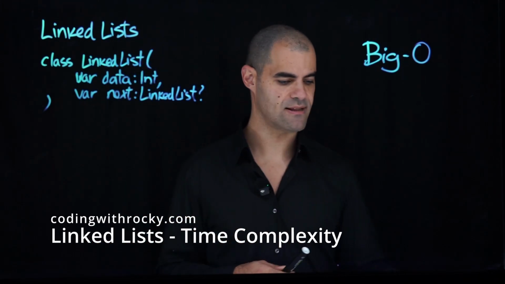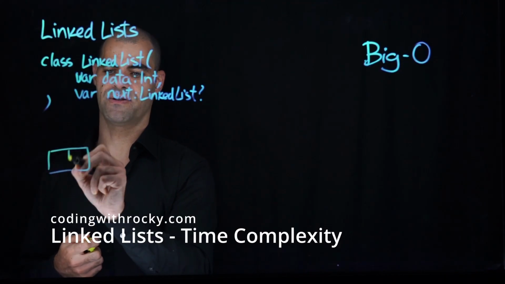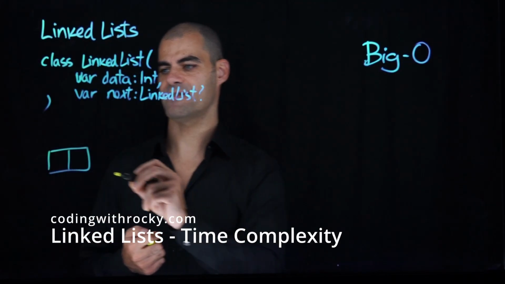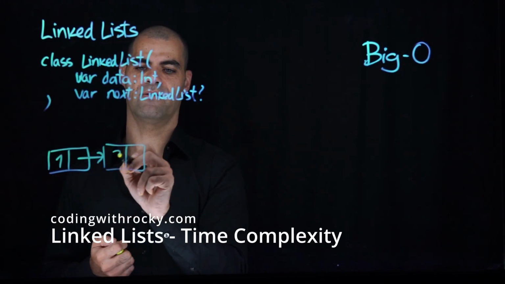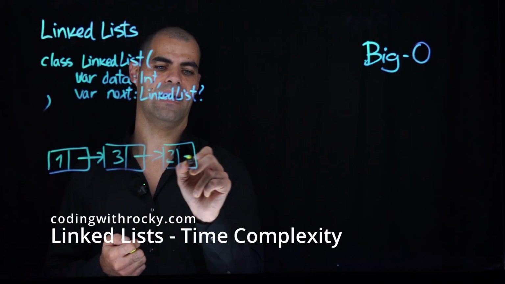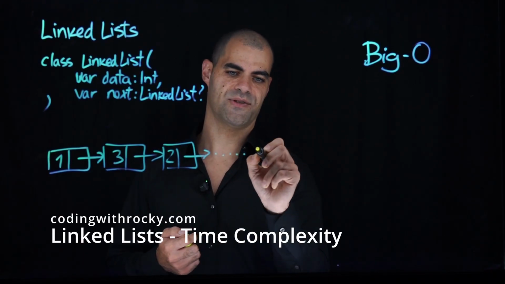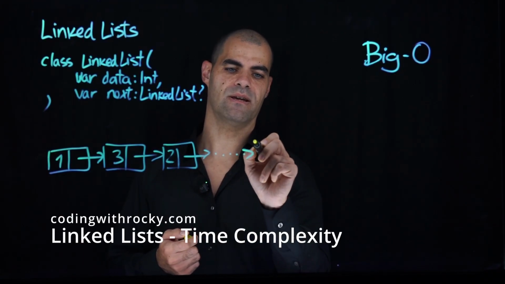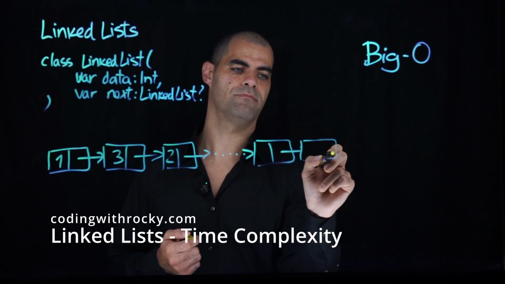In our case with the linked list, every time that we read a word, I will use numbers for the sake of space. 1, here we have number 3, number 2, and now we have here a lot of others, and we continue with this pattern all over.